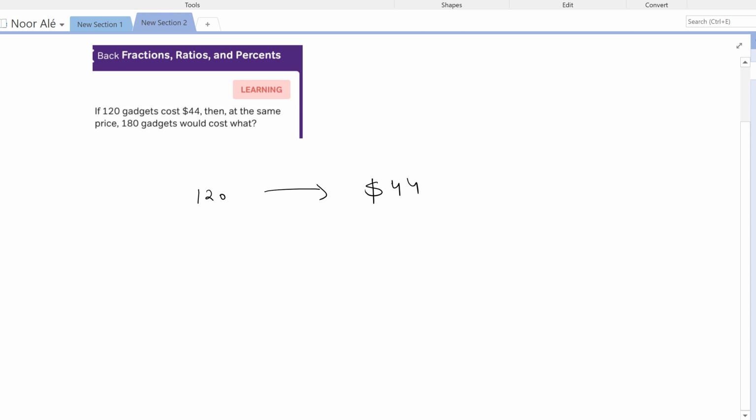Then at the same price, 180 gadgets would cost what number?